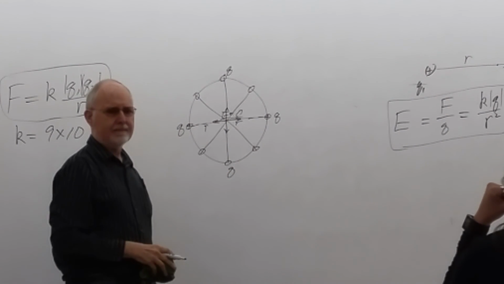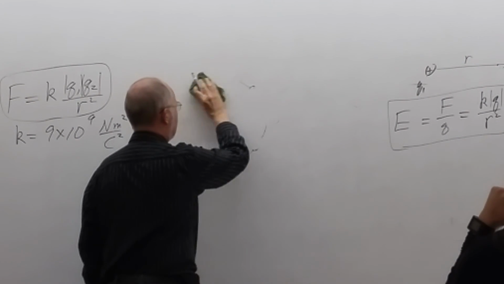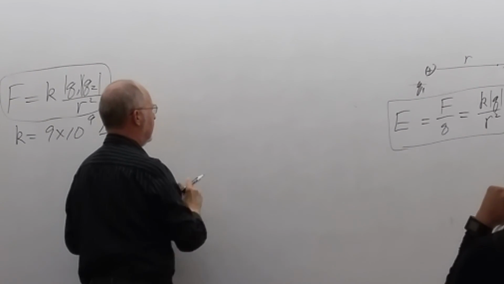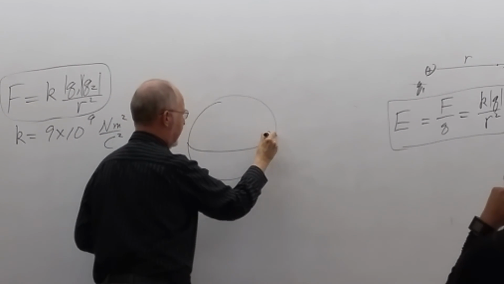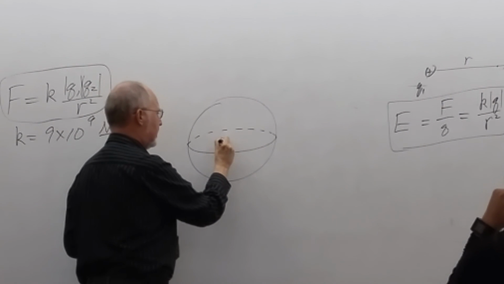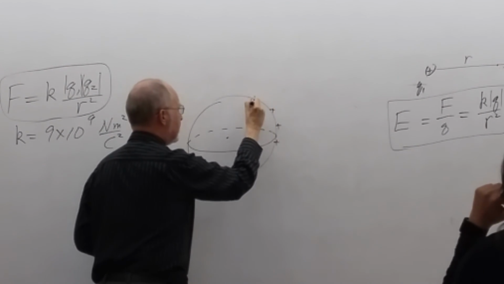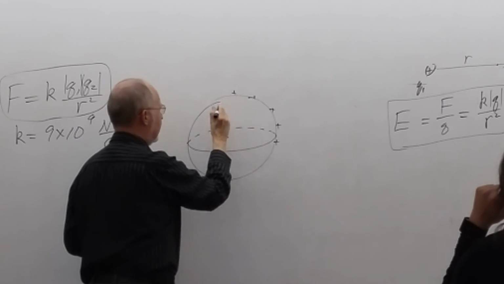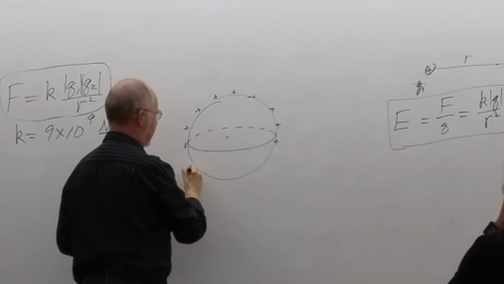That's two-dimensionally, okay? But it turns out it also works three-dimensionally. So let's say we've got a sphere going around here. There's the center. And if you've got these positive charges, and I can't put them in here because it's hard to tell that they're on the outside.